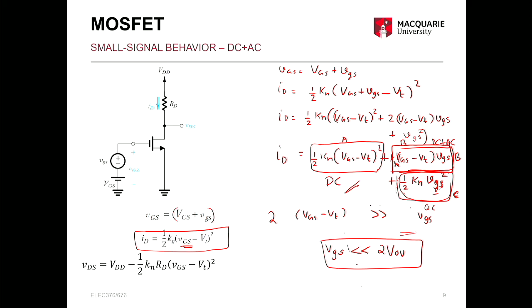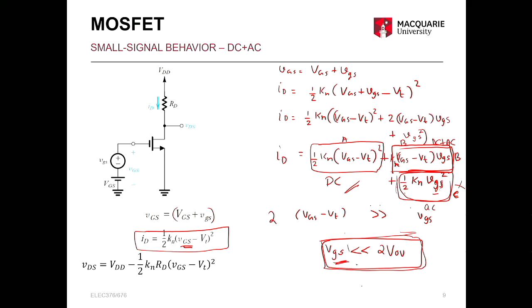And if it is not met, we will have high frequency components in the output. So this is the condition to make sure that we are applying only a small signal. So the vgs value has to be small, right?